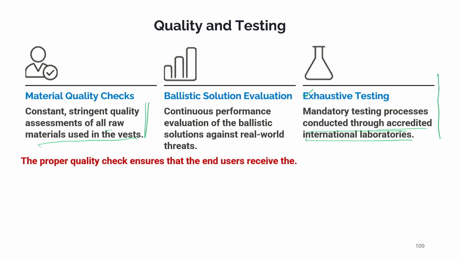So, proper quality check to ensure the end users receive the best protective armor, because if there is any failure during the test, that material should be rejected immediately. So, proper quality check has to be there.